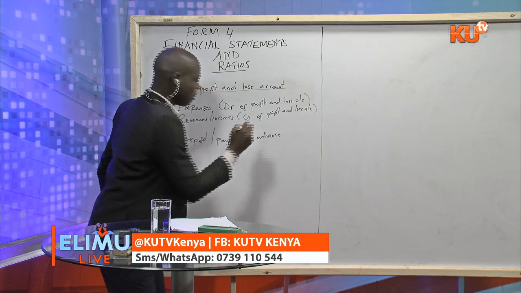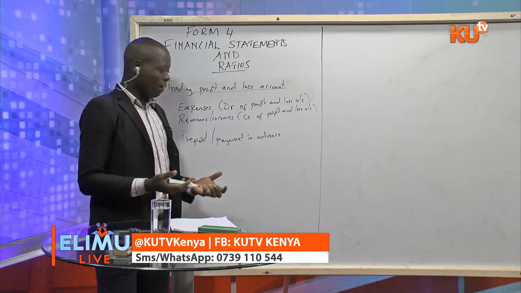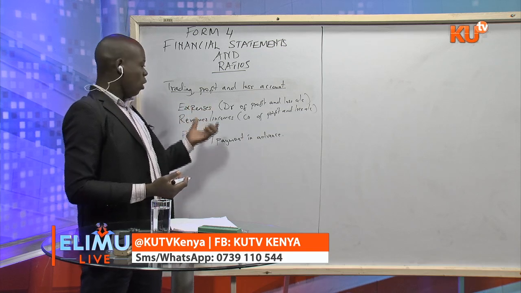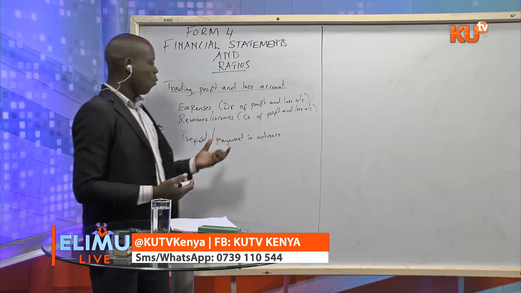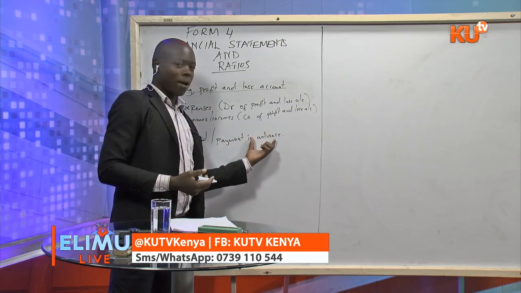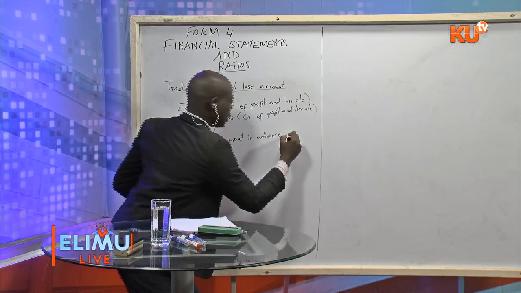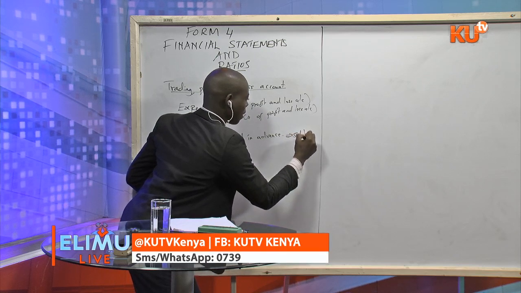If a business makes a payment in advance before the service is given, then to make the adjustment to the expense account, we subtract the prepayment from the actual value of the expense.